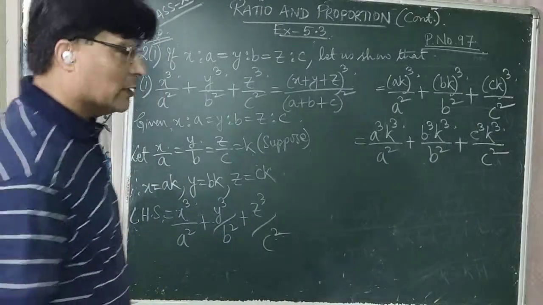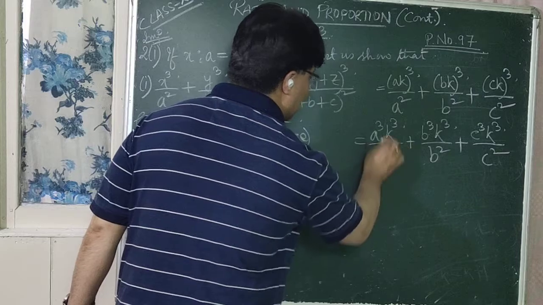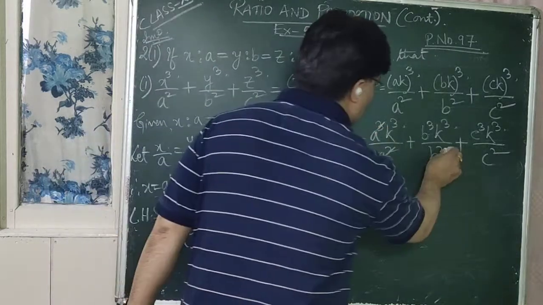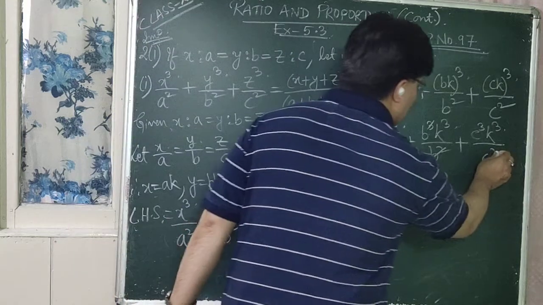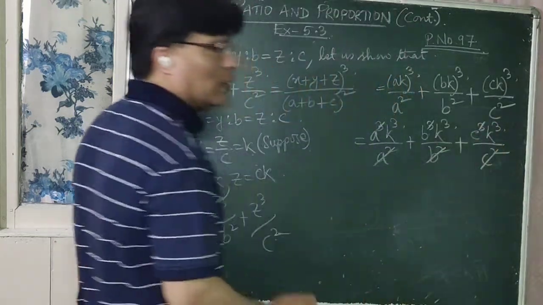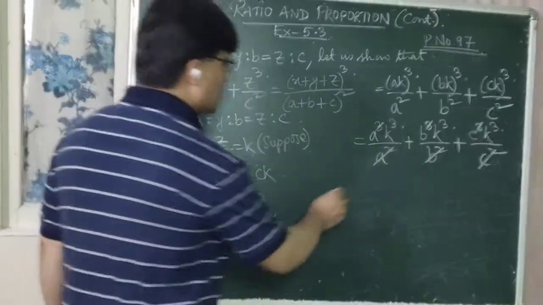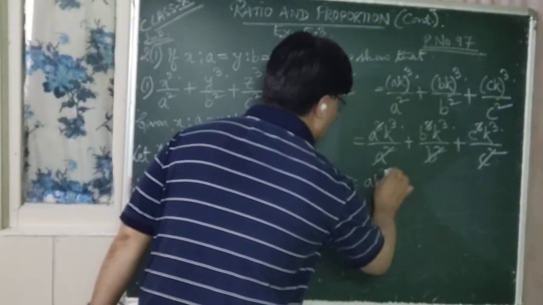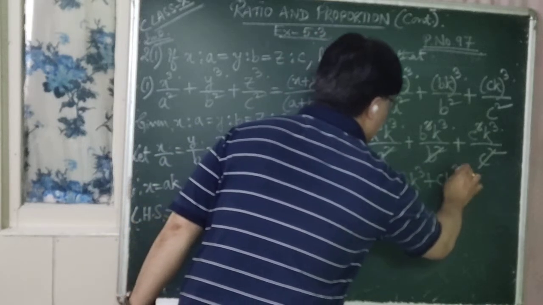So you can cancel here. A cube by A square, the square and cube will be cancelled, that leaves A only. Similarly B square and B cube cancel, leaving B only. And here C square will be cancelled and remains one C in the numerator. So which is equal to AK cube plus BK cube plus CK cube.